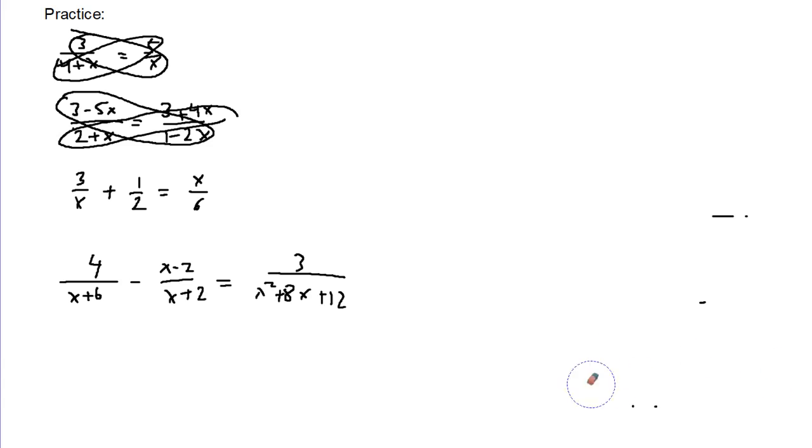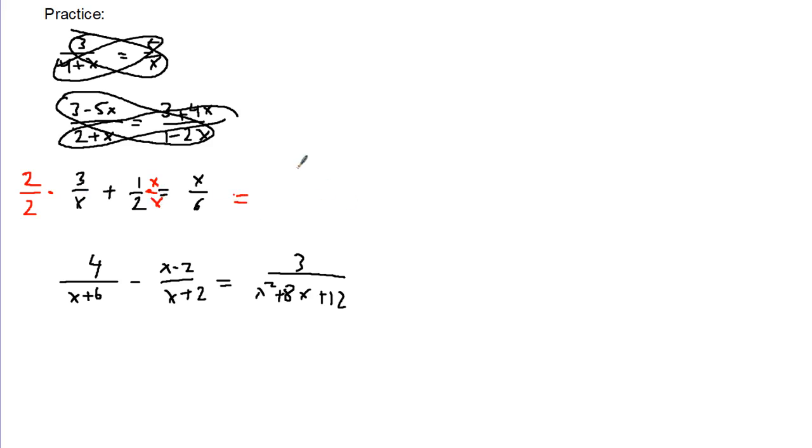Okay, third problem. We have 3 over x plus 1/2 equals x over 6. This is really simple. What does this fraction have that this fraction doesn't have? As a denominator, it doesn't have the 2, so we multiply it by the 2. This doesn't have the x, so we multiply it by the x, right?